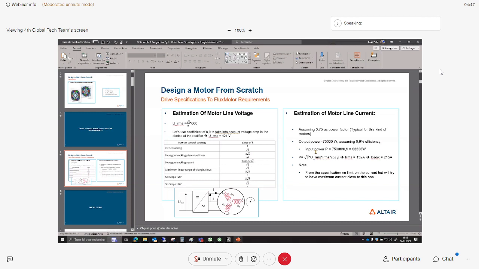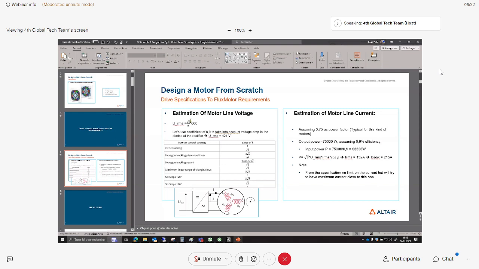Okay, so the specification says that we have a DC voltage of 600 volts. In Flux Motor, there are several inverter control strategies, right? So we have to choose one of them. Here, for this machine, I choose the 6-step 180 degree.